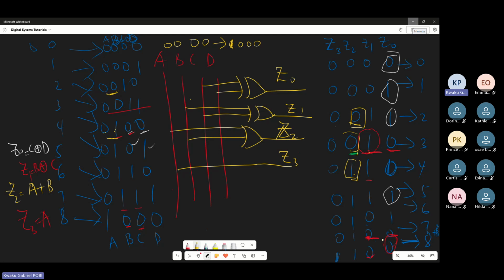So in a way, if they give you gray code and tell you to change it to binary, you are just looking at what you are having there. So this is a 0. 0, 0, 0, 1 is a 1. 0, 0, 1, 1 is actually 3. 0, 0, 1, 0 is 2. So you write this in binary.